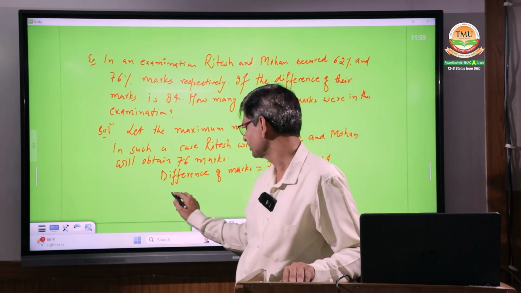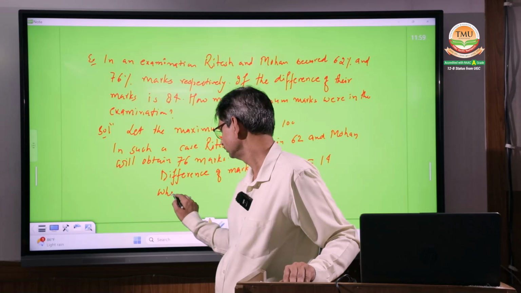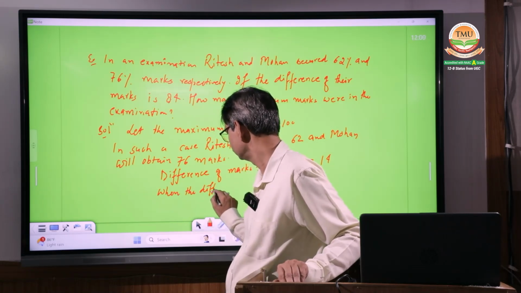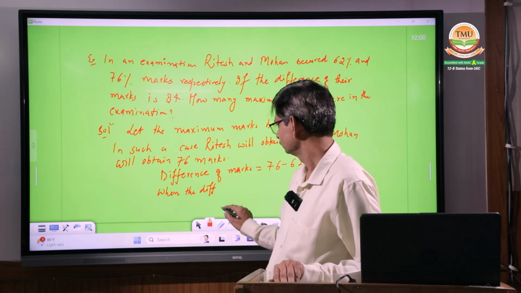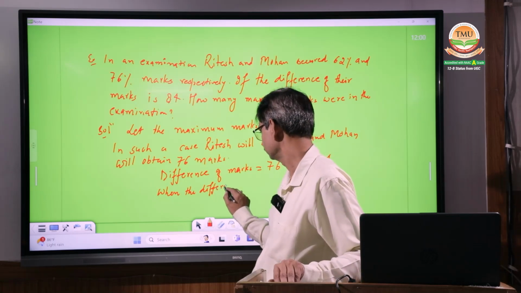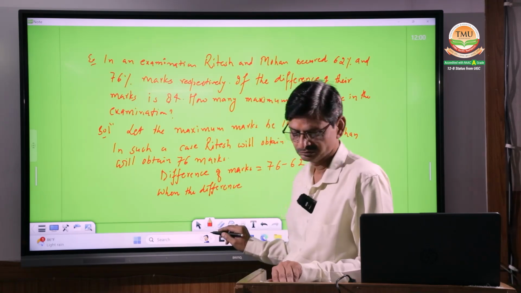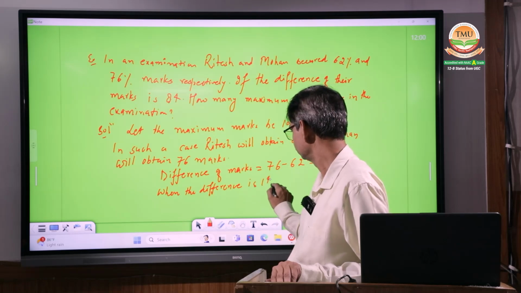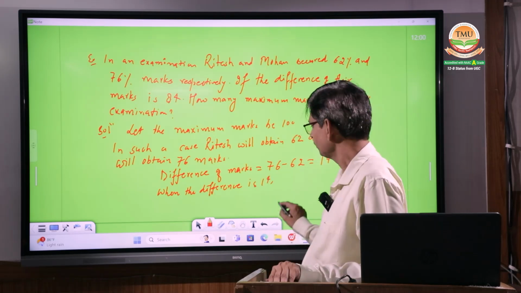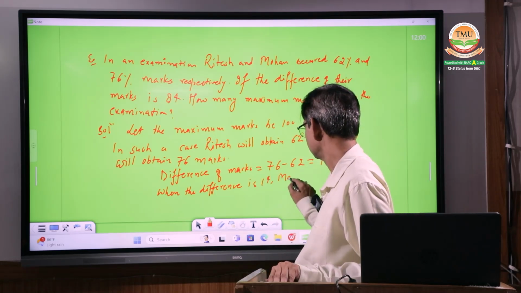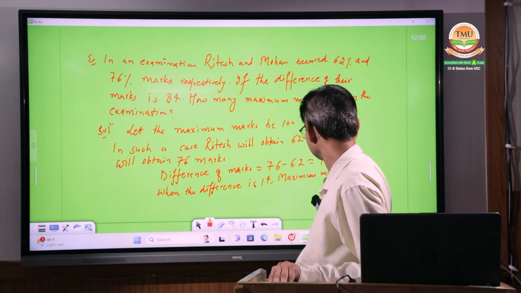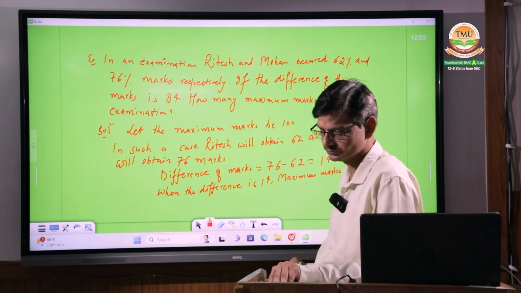So when the difference is 14, the maximum marks are 100.